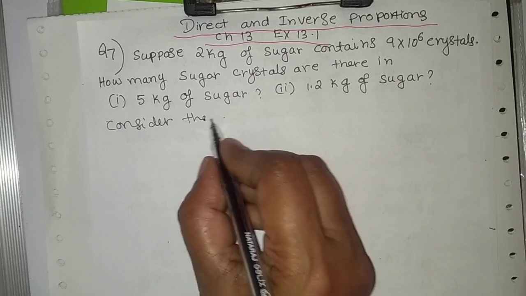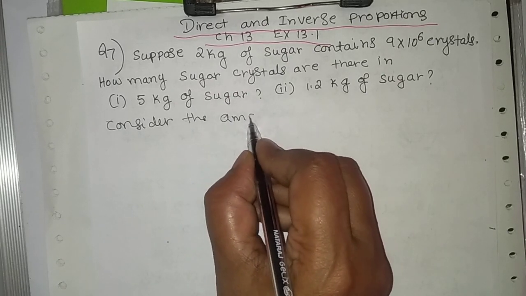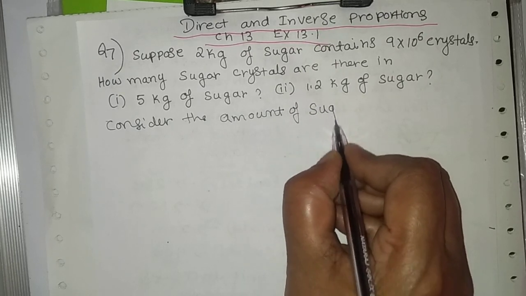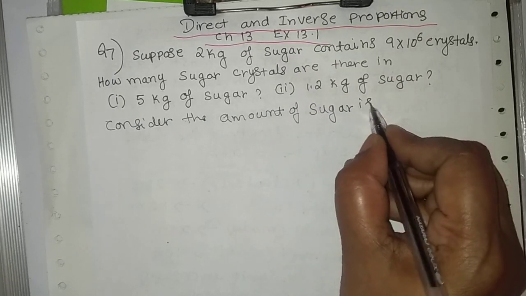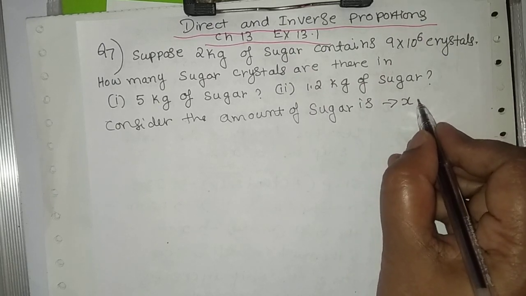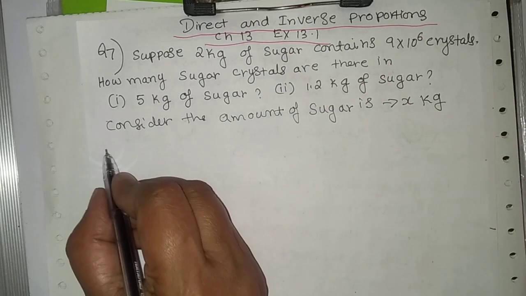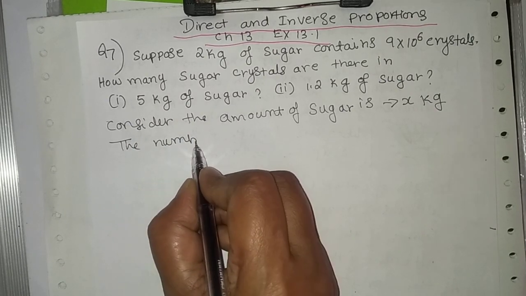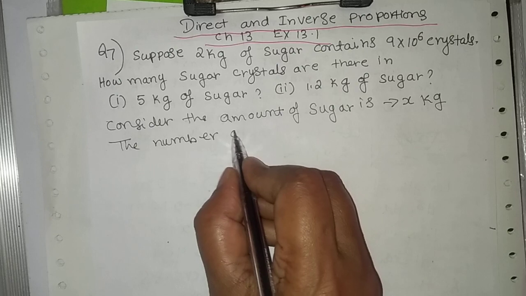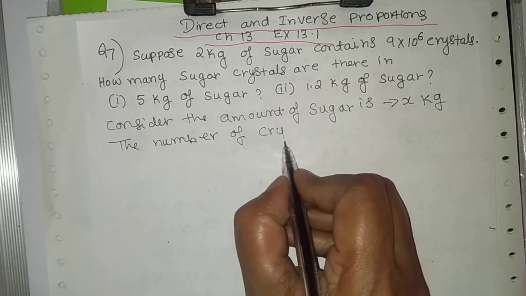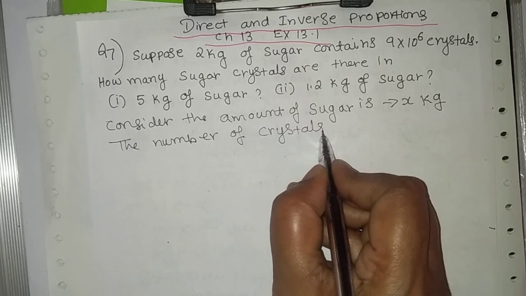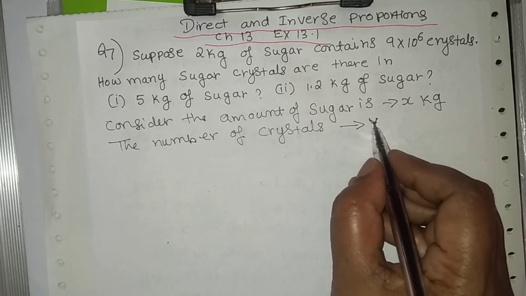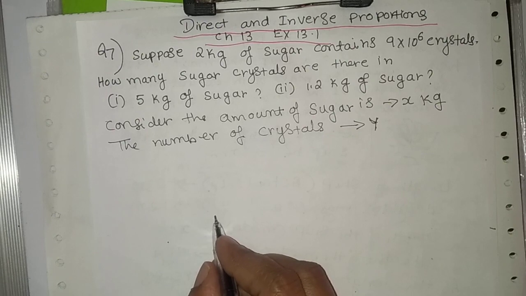They are not given. Consider the amount of sugar is x kg. Next, the number of crystals as y. Number of crystals is y, not kg, we have to count.